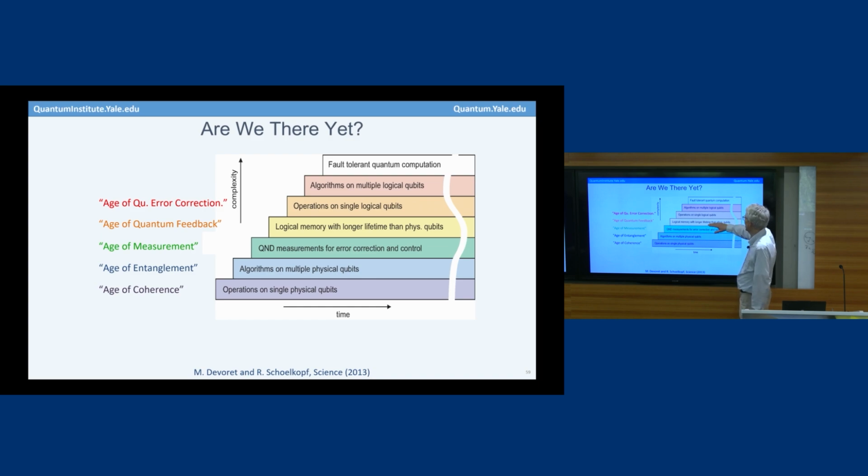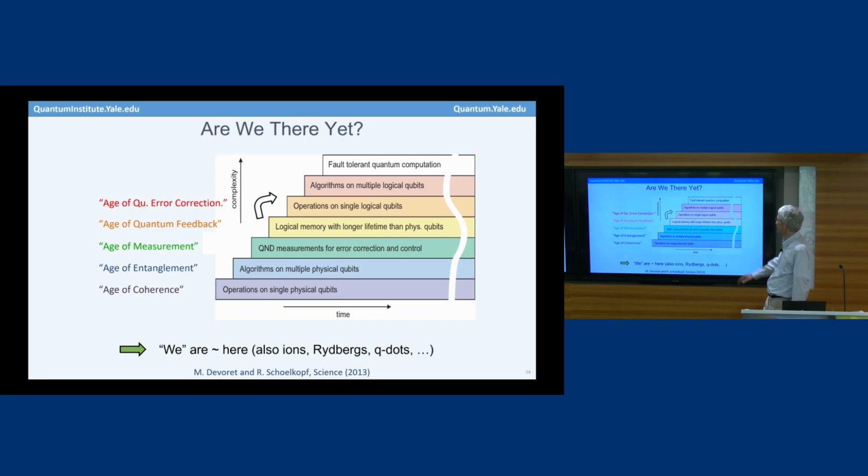We've just now, error correction is beginning to make logical memory a factor of 2 or 2.5 times longer than the physical qubits. The error correction gain is 2 or 2.5. We need it to be 1 billion, but at least it's above 1 now. And so we're kind of here learning how to do operations on logical qubits.